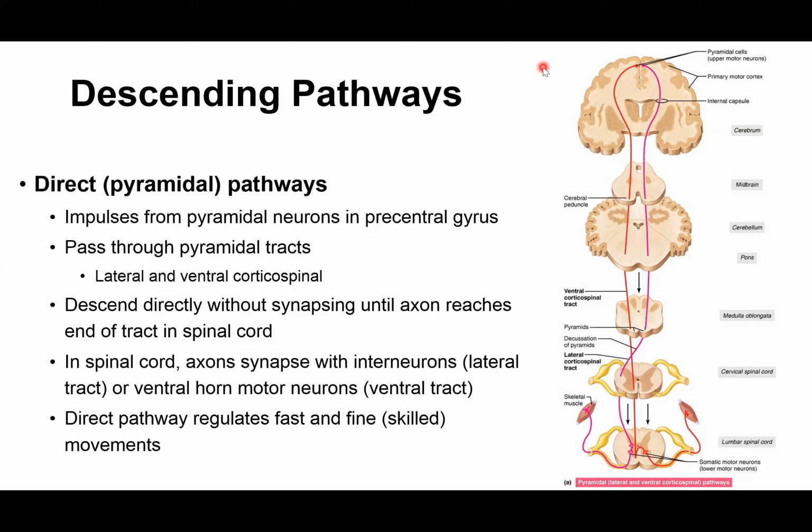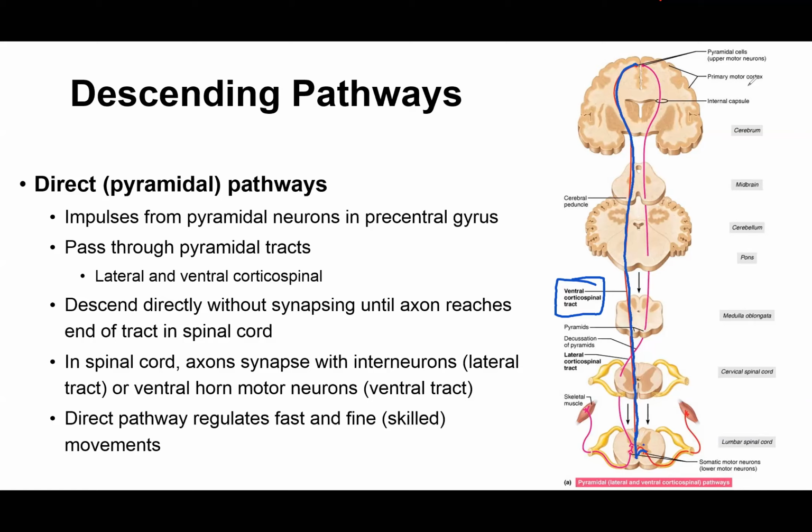So just to highlight these tracts so we can see them a little bit more closely, first I'll show you the ventral corticospinal tract. Okay, so that one's going to be starting up here in the cortex. This is all upper motor neuron traveling down through the different levels down to the target area, at which point decussation is going to occur.